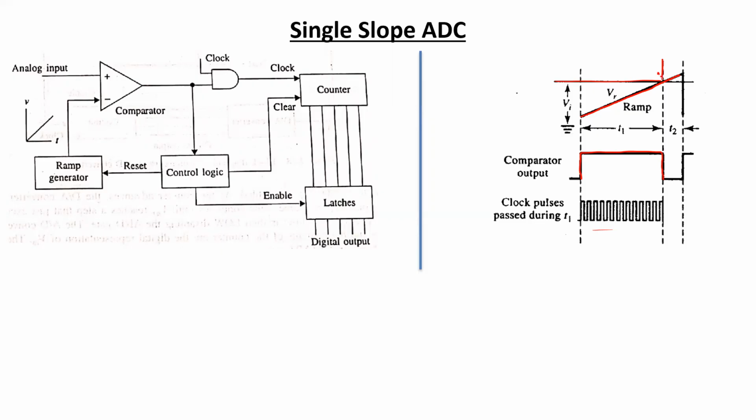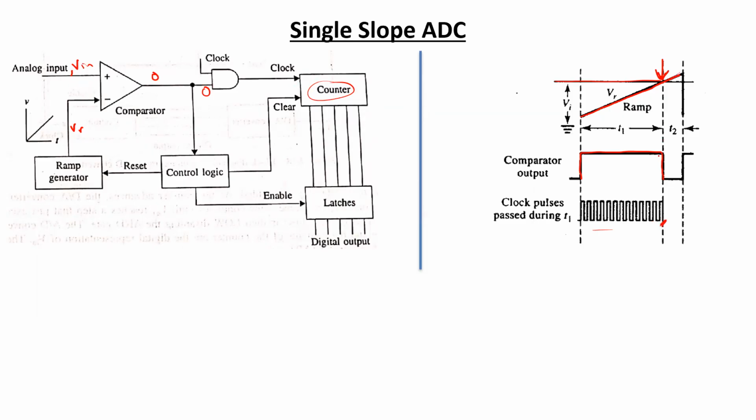So at this point, when the ramp signal becomes equal to the input voltage, the comparator is going to send the low signal. So as one of the terminals of the AND gate is getting a low signal, the clock pulse is not going to continue to flow towards the decade counter. That's why the counting process will stop, and as much as the counter has counted up to this point, that would be the digital representation of the input analog signal.